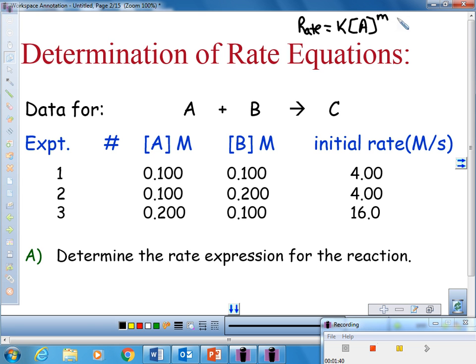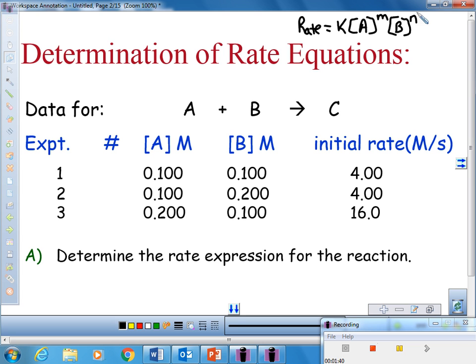So some unknown power there, and we have this reactant B here, and it's going to be raised to some power n. So this is what we're going to be trying to figure out: the power of m and the power of n, and there's a process to do that. When I first started teaching, I just showed students to look at a data table and be able to tell, but I learned real quick that the AP, and I know we're not AP, requires the mathematical interpretation. So we're going to make sure we can do it mathematically.